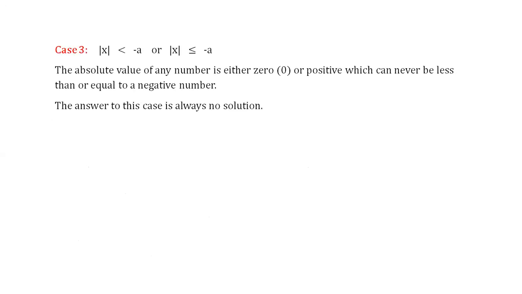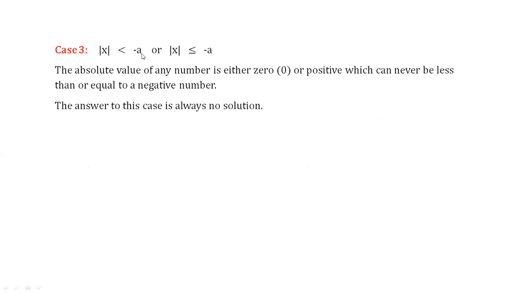Case 3 is if the absolute value of x is less than minus a, or the absolute value of x is less than or equal to minus a. Minus a means a is less than 0, all the numbers are less than 0, so a is a negative number.